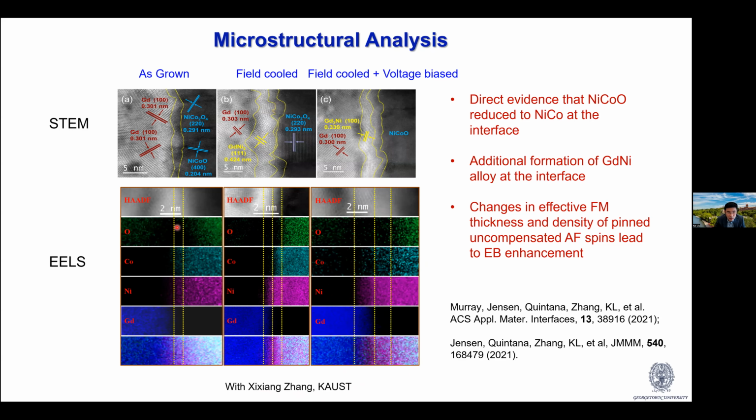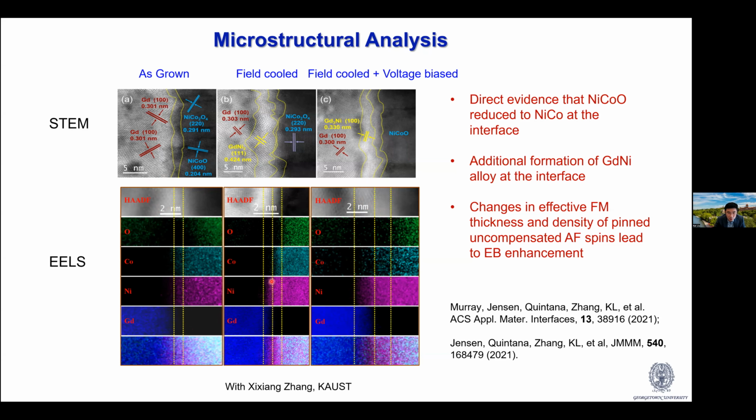It's more illustrative to look at the EELS images. And these are the samples prepared under different conditions: as-grown, field cooled, or field cooled then subsequently voltage biased. In the EELS image, on the left-hand side is the gadolinium layer, on the right-hand side is the nickel cobalt oxide. In the middle, that's the interface region.